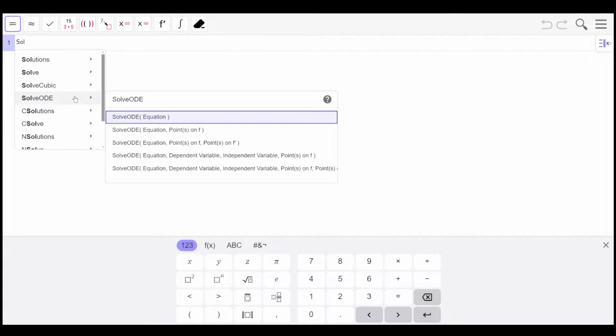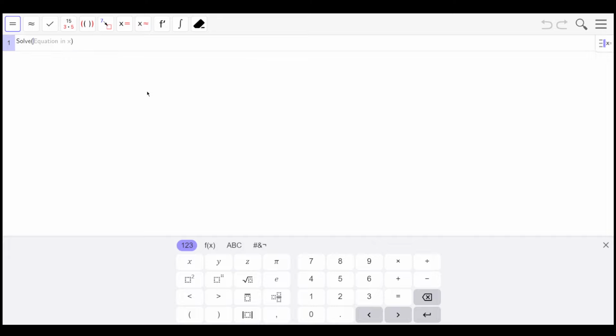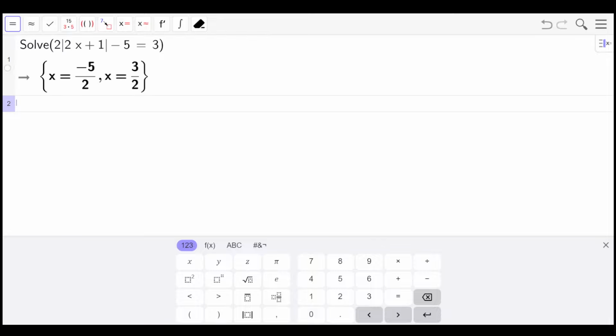Of course, in this problem, you're not supposed to solve because that's an equation in x. I just type it. So 2, and then I use this absolute value. What is inside? It is 2x plus 1. Then outside the absolute value, I have minus 5 equals 3. Was it right? Yes, it's equal to 3. And then I press enter. So these are the numbers that you get for this one.